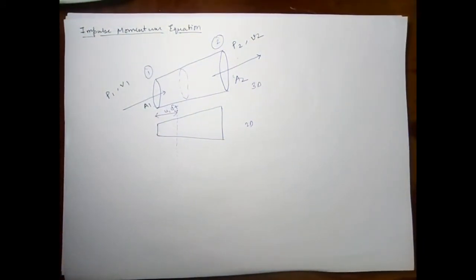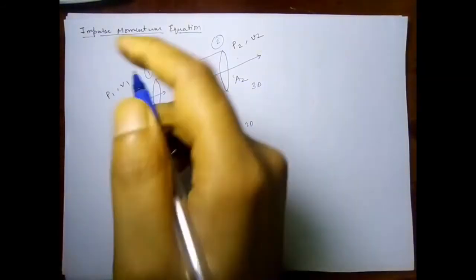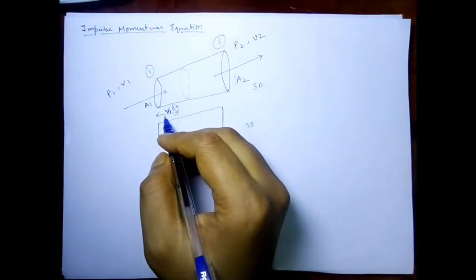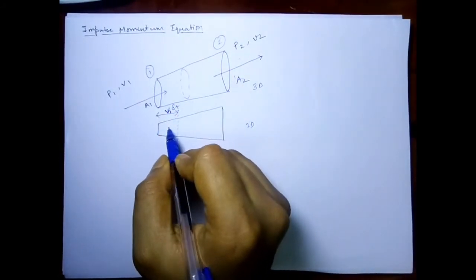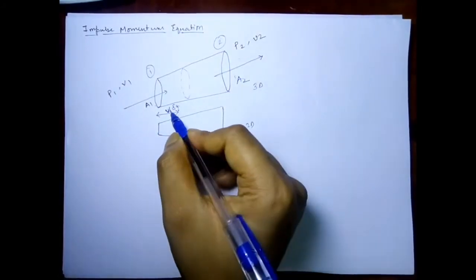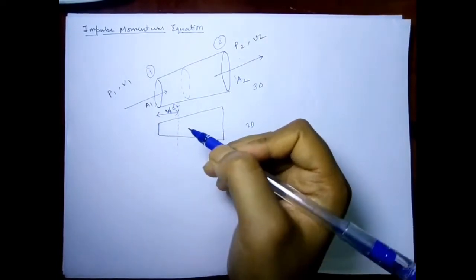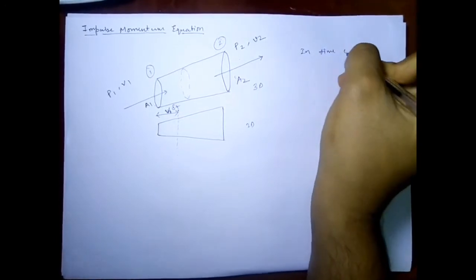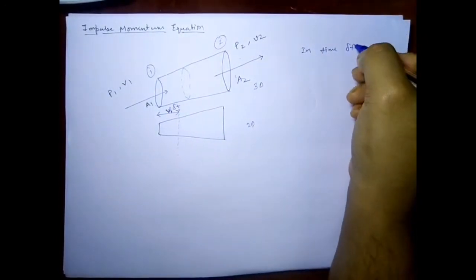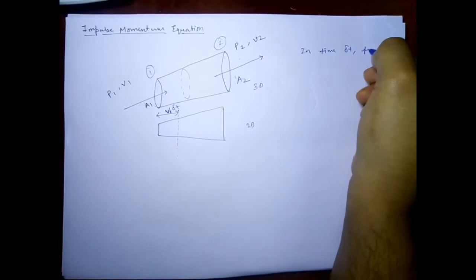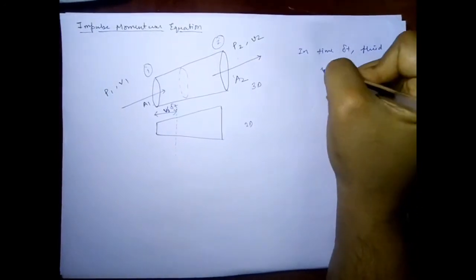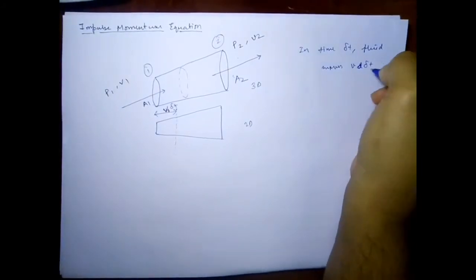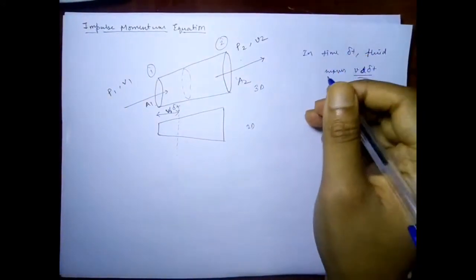Also note that in time delta t, a volume of the fluid moves from an inlet a distance of v delta t, simply velocity into time.